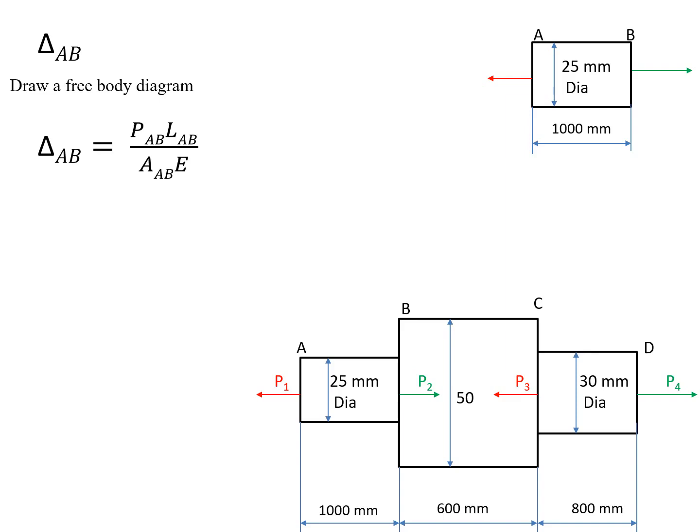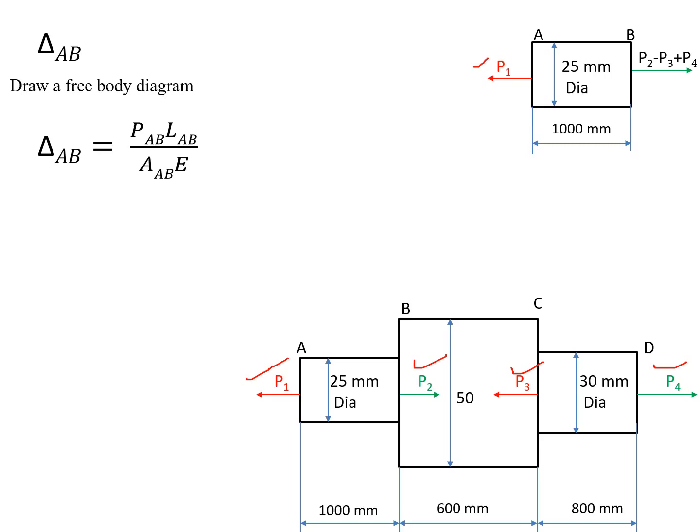Here from the left hand side, only one force is acting, that is P1. And on the right hand side we observe P2 tensile, P3 compressive and P4 tensile, which is equal to P2 minus P3 plus P4. On the left hand side only P1 is acting and its nature is tensile, so we consider plus 10 kilonewtons.